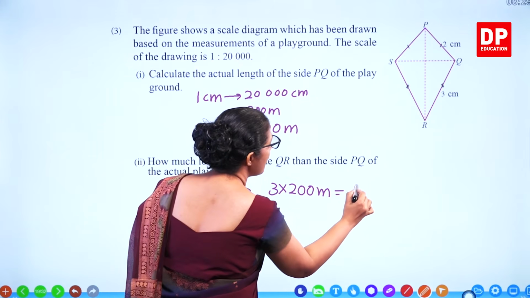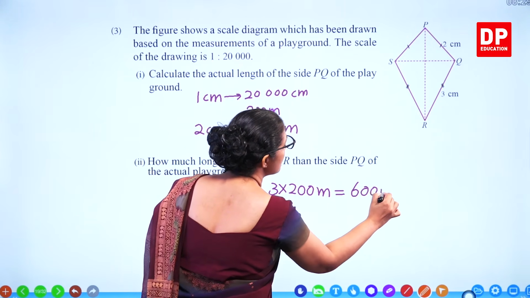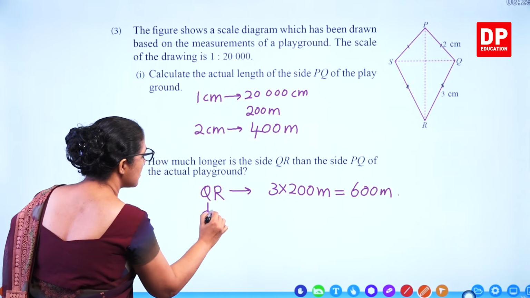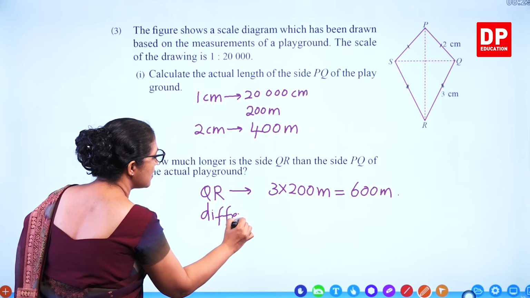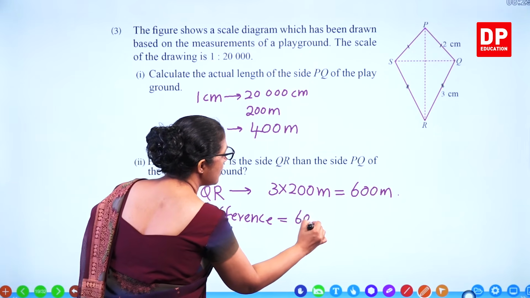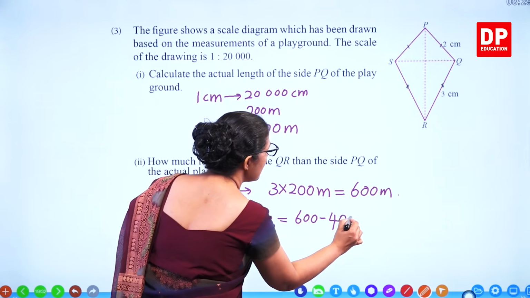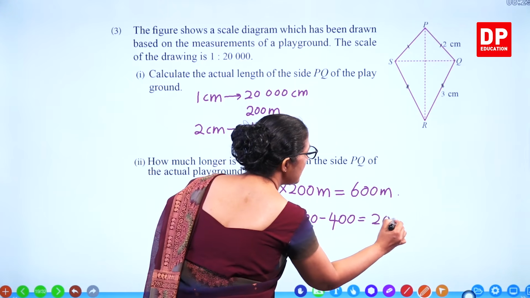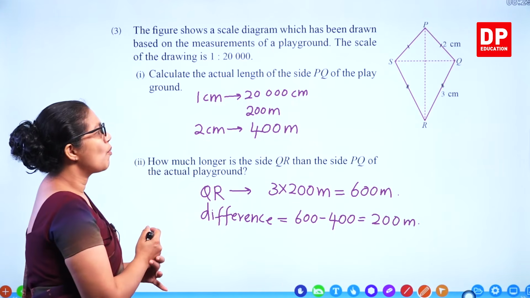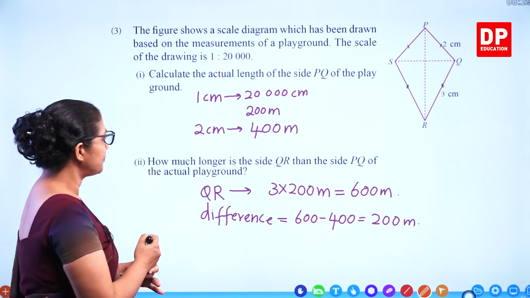That's 600 meters. So what's the difference? Difference is the answer for this question. So 600 minus 400, you get 200 meter extra compared to QR and PQ.